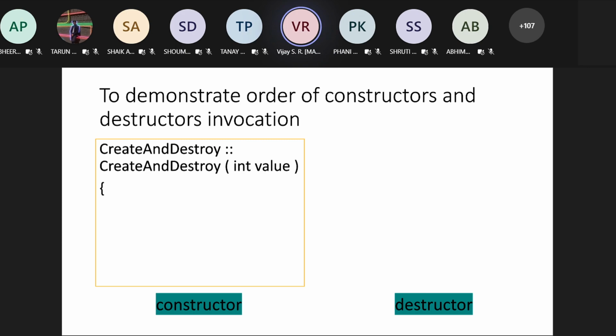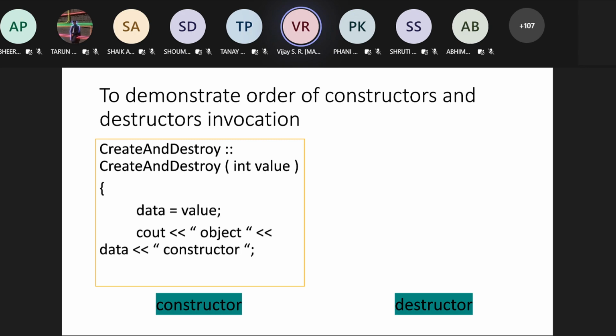So you are taking a value, and you are just saying data equal to value. And you are simply writing this statement, cout object data, so that you know you are executing a constructor. Object is this value, and you are in the constructor. Just to understand that you are executing a constructor, you are showing this on the screen.